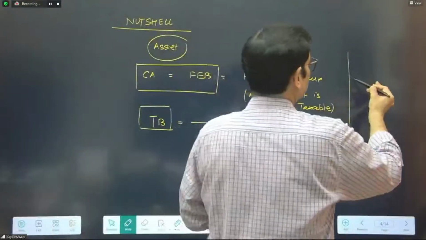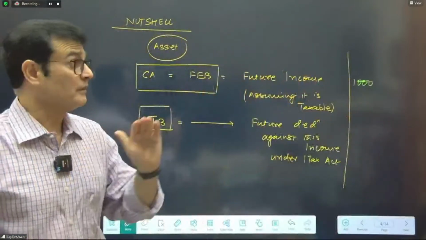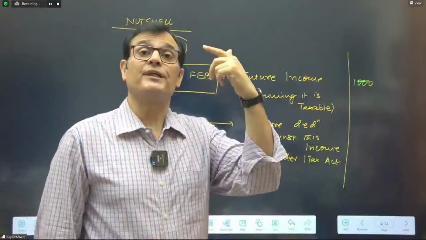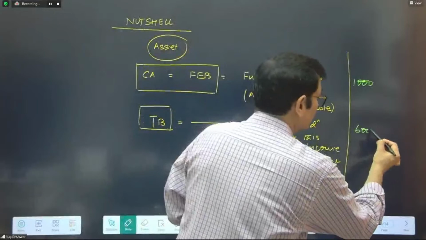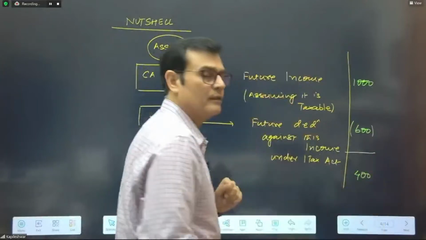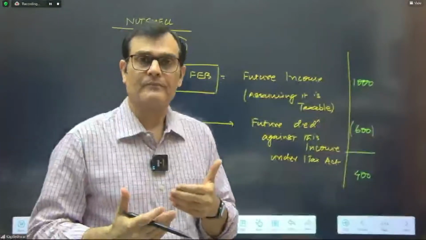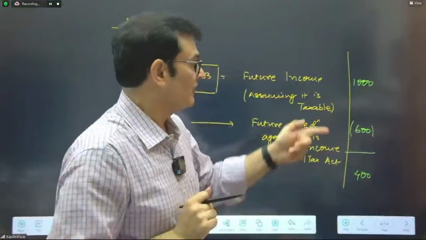If the future economic benefits will arise to the extent of 1,000, this is future income. You will get a deduction against the income equal to 600. So what is this 400? It's a net income, that is a taxable difference.